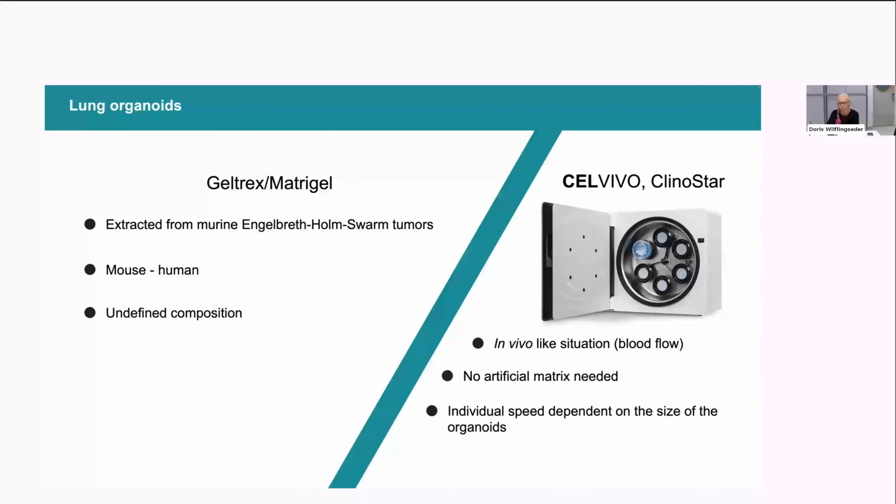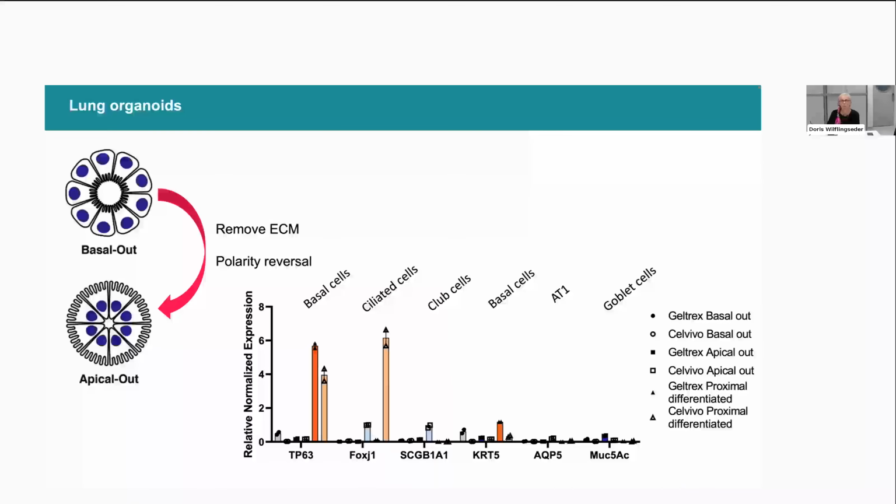And what we saw here, on the one hand, we looked at basal-out cells and at apical-out cells, which were on the one hand cultured in gel matrices, on the other in Cell-vivo. And we could see that the Cell-vivo, the ClinoStar, was superior in differentiation of ciliated cells.